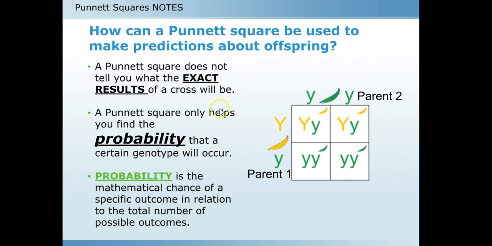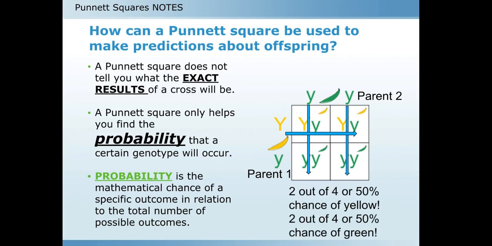So let's look at this Punnett square right here, which you already have in your notes. So we have the recessive green color, we have the dominant yellow color. We take the alleles from each parent and bring them down into the squares and across into the squares. So we can see all the different possibilities of how those letters could combine.